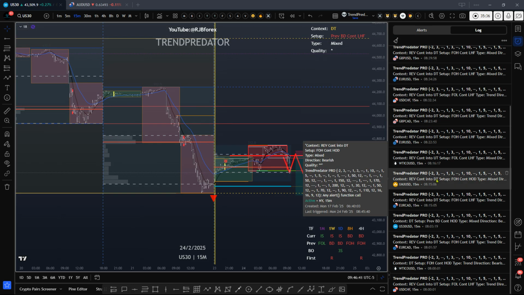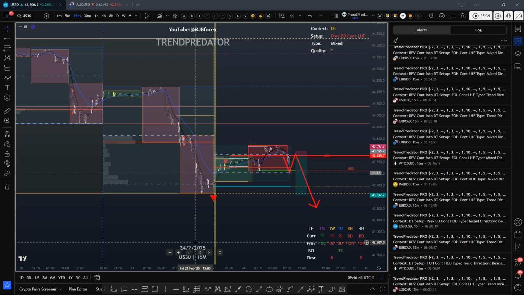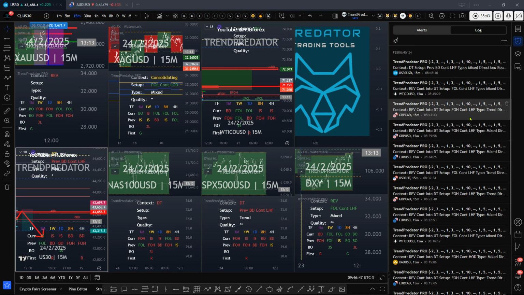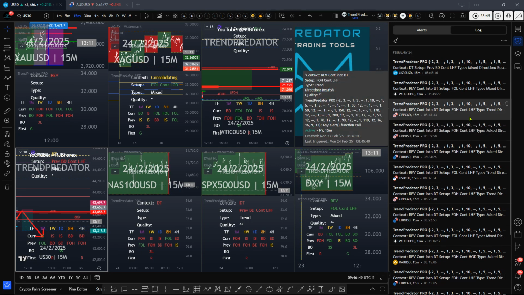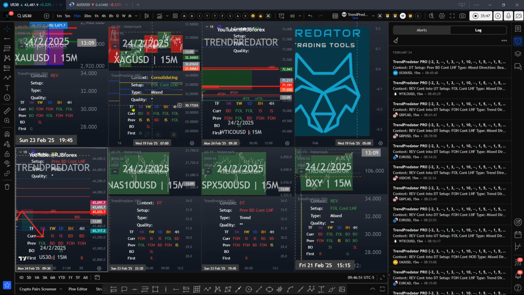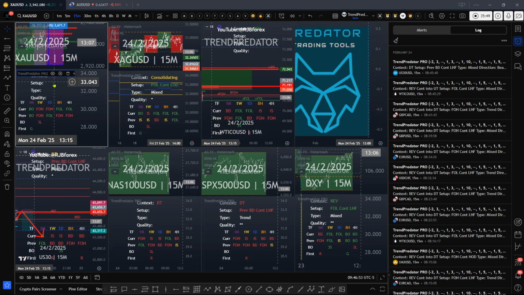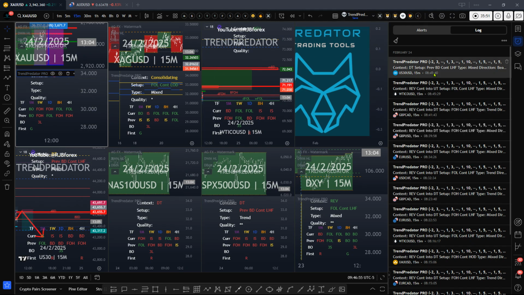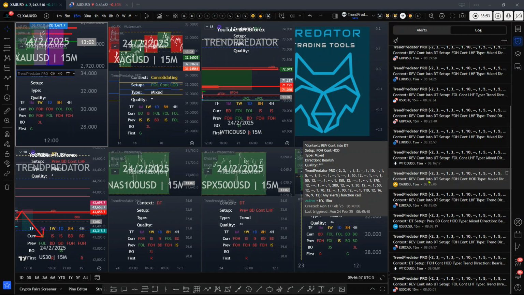And we'll now look at gold. What did gold give us? Gold was a two-star bearish fake out high reversal into a downtrend setup that was flashed earlier on.